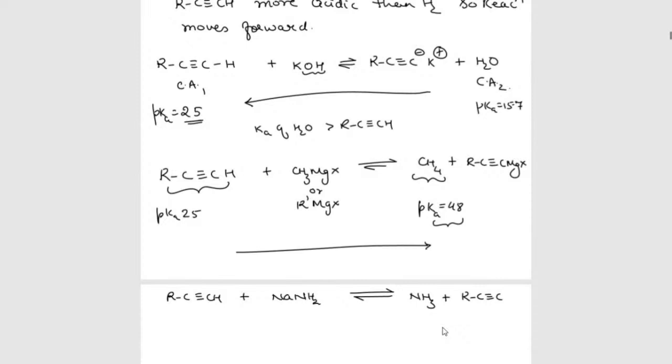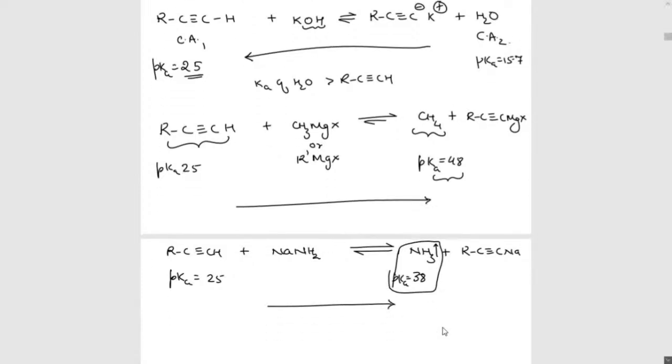They have a close call, but certainly, ultimately, when comparisons are done, it is more acidic. pK of ammonia is somewhere around 38, whereas pK of acetylene is 25. So it moves in the forward direction. This reaction happens. This reaction is feasible. Liberation of ammonia is observed.